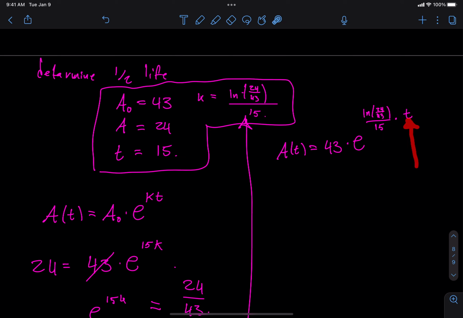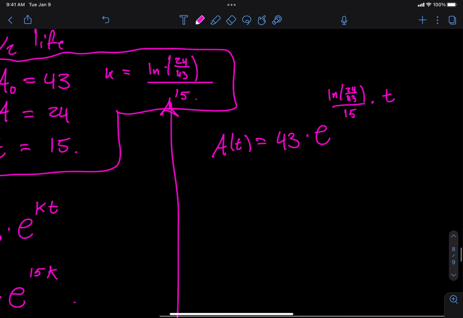Does that make sense? So what I want to know is, look, I'm going to wait for a certain amount of time. If I start with 43 kilograms, and at some later time I have half as many kilograms, how many kilograms will I have?